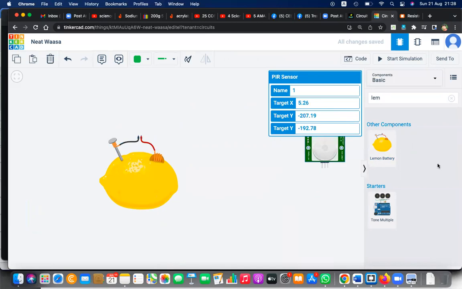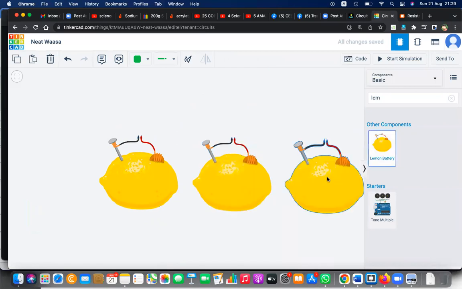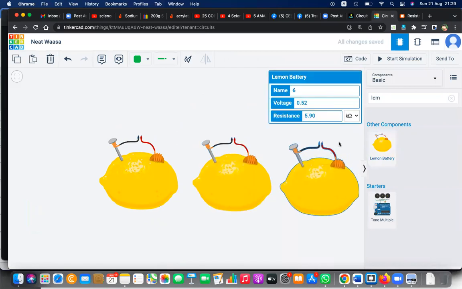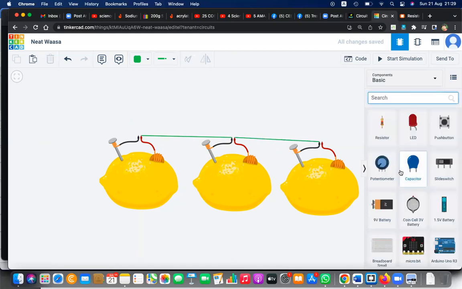Another lemon. Another lemon. Now 3 lemons. So let's connect plus to the negative, and this plus to the negative again. And now let's try to see using the multimeter.